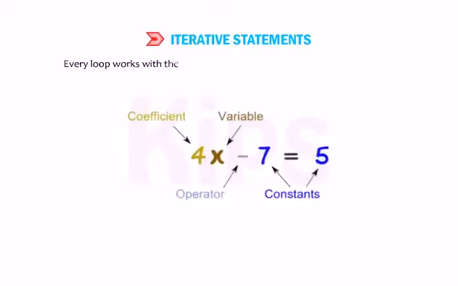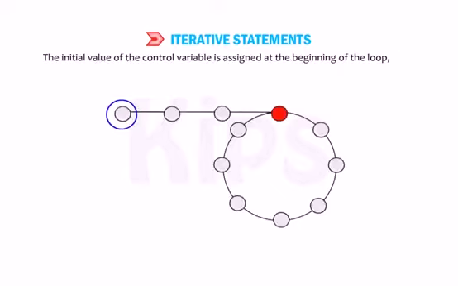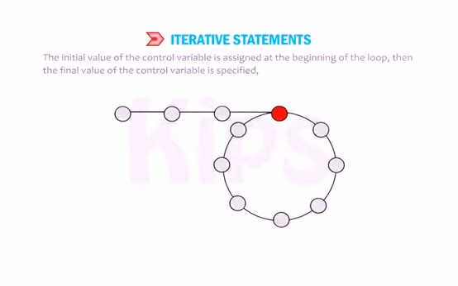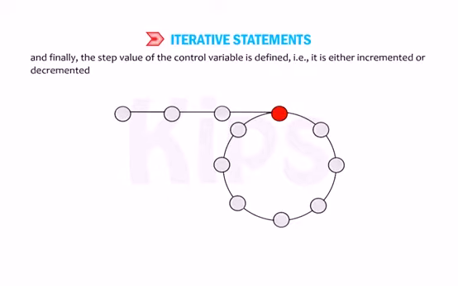Every loop works with the help of a variable known as the control variable. The initial value of the control variable is assigned at the beginning of the loop. Then the final value of the control variable is specified. And finally, the step value of the control variable is defined. That is, it is either incremented or decremented by the given value at each step to reach the final value.